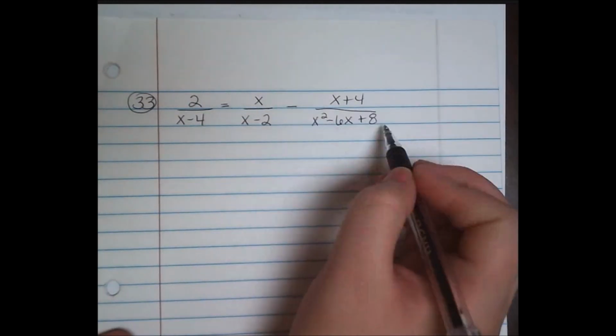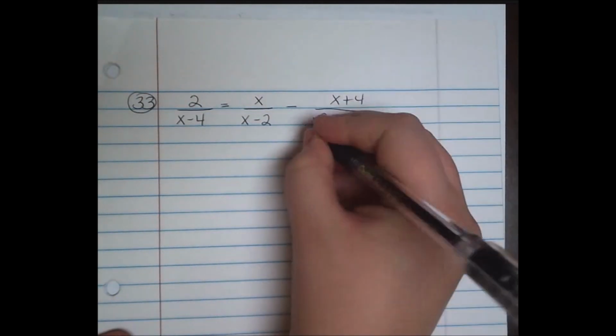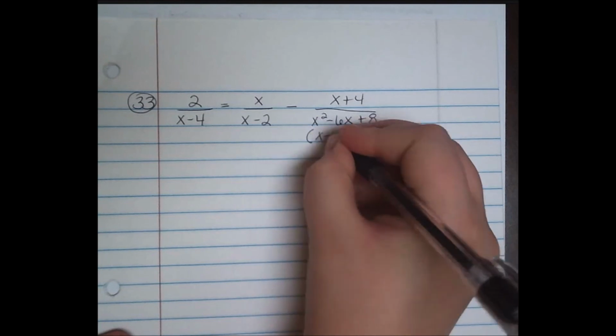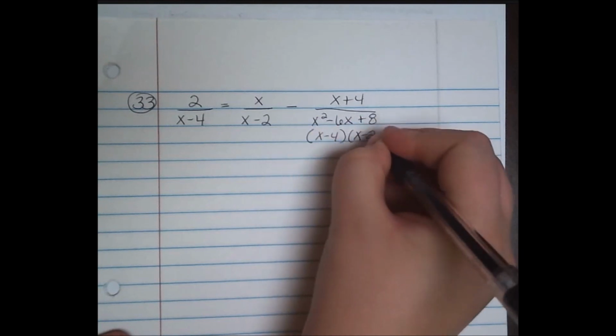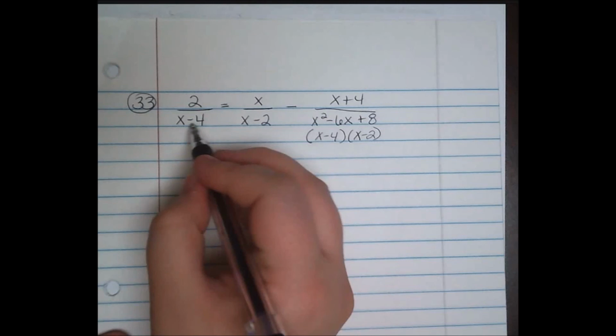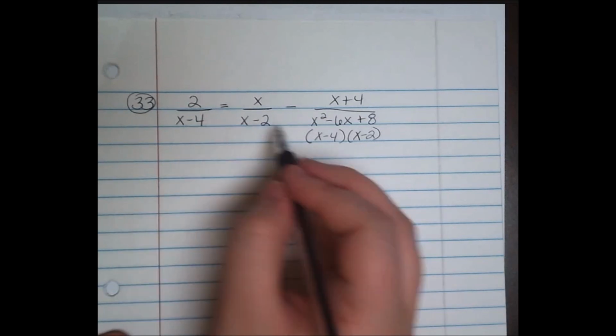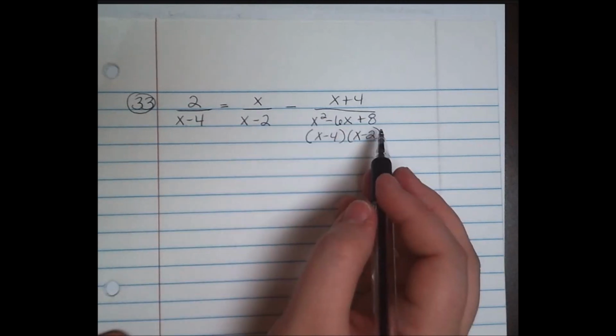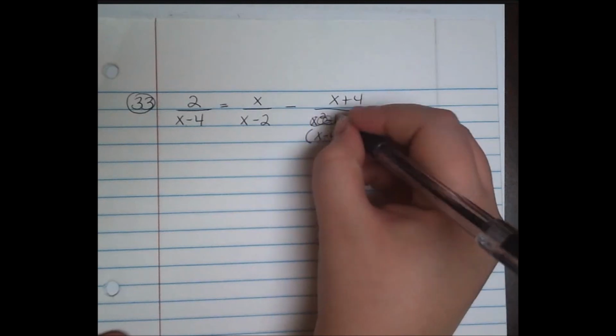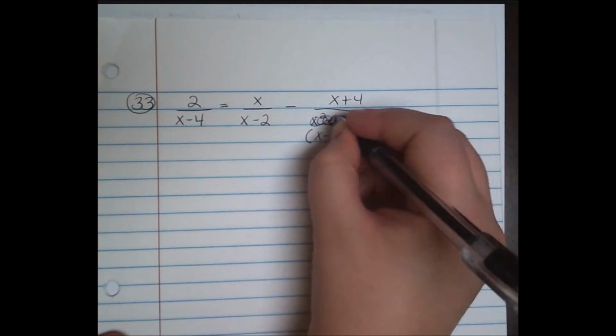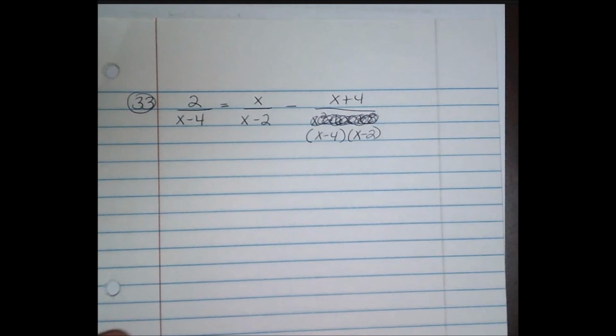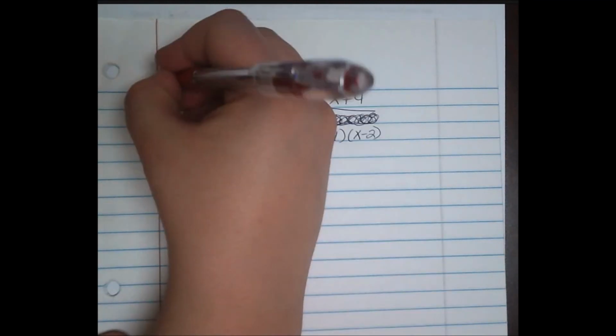So I'm going to factor that out to be an x minus 4, x minus 2. A good bit of the time, these other two denominators here will be what your third denominator factors out to be, but that is not always the case, so you do need to check and make sure. So I'm going to multiply by x minus 4, x minus 2.